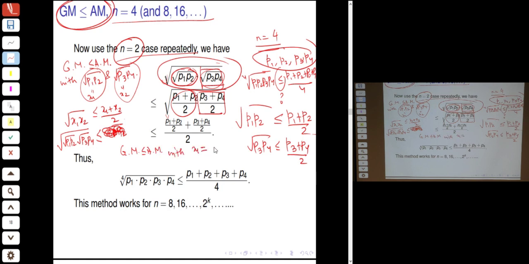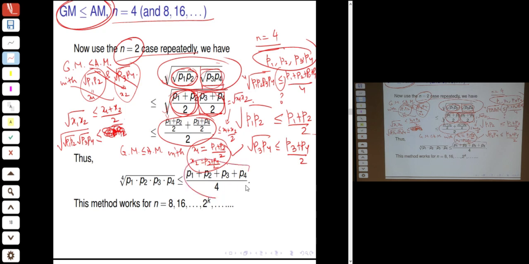And now, you again apply GM less than or equal to AM with x1 equal to (P1 plus P2) by 2 and x2 equal to (P3 plus P4) by 2. So, this is x1, this is x2, and you have the square root. So, this is exactly square root x1 x2. So, not these values of xi's, but these ones, and that is less than or equal to (x1 plus x2) by 2, which is (P1 plus P2) by 2 plus (P3 plus P4) by 2, divided by 2.